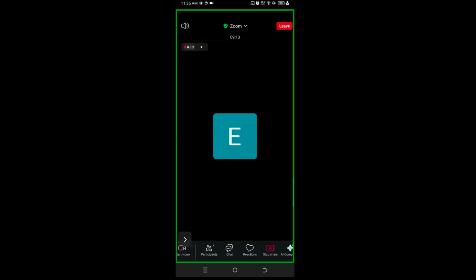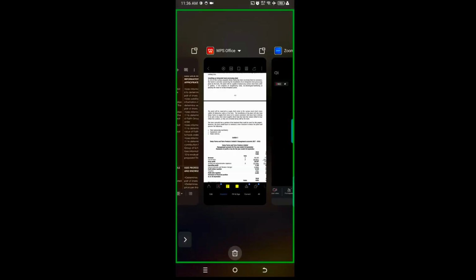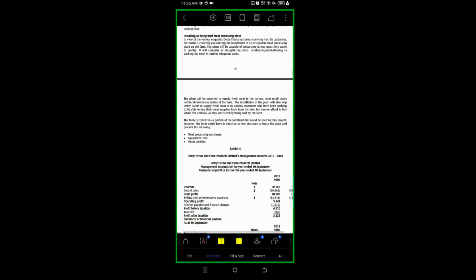Oh, okay. So you can see that this part is talking about the meat processing plants. Then, consider the installation of integrated meat processing on the farm. So I can just copy this.